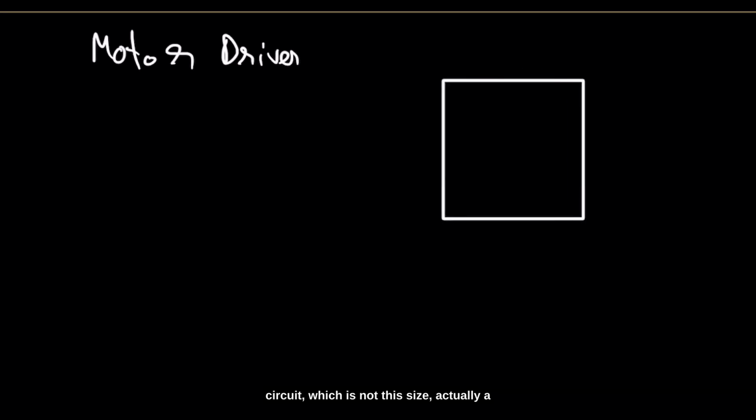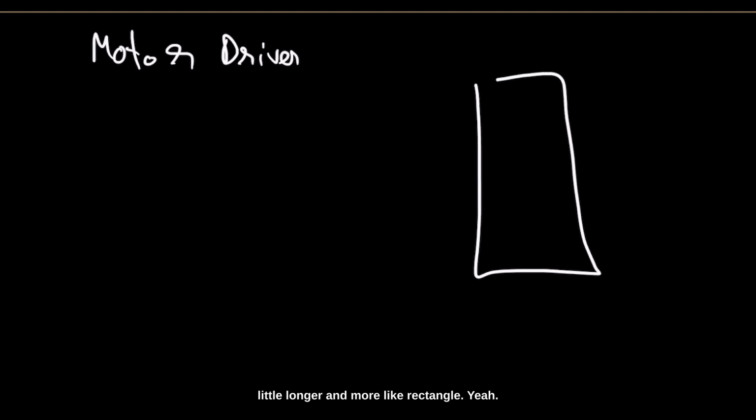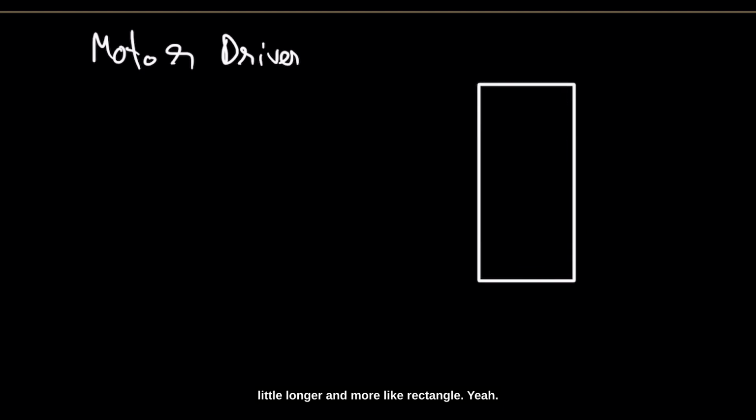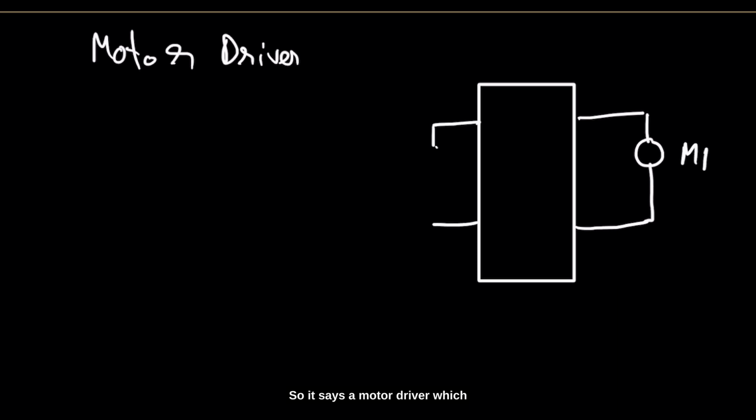A motor driver is nothing but a control circuit, which is not this size, actually a little longer and more like a rectangle. So it says a motor driver which can control motors, direction, and polarity.